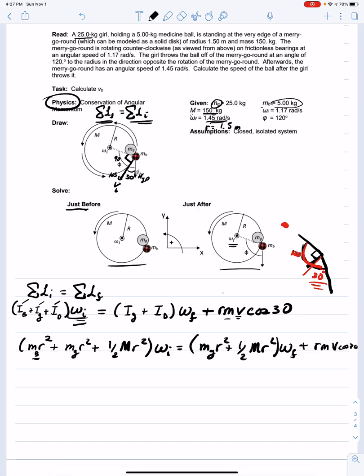The initial momentum is all positive because it's going counterclockwise. Now, in the second part, the final angular momentum is still positive, but this takes a turn because now it is going in the opposite direction. The momentum is going to be negative.